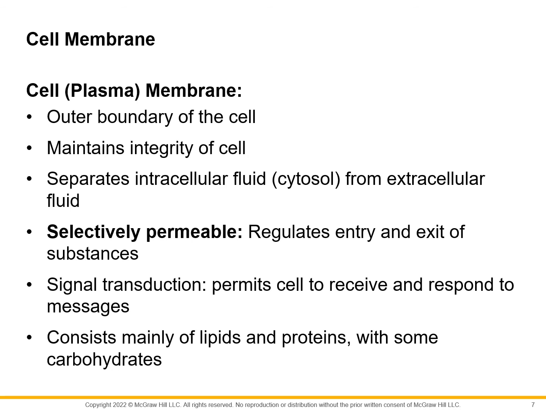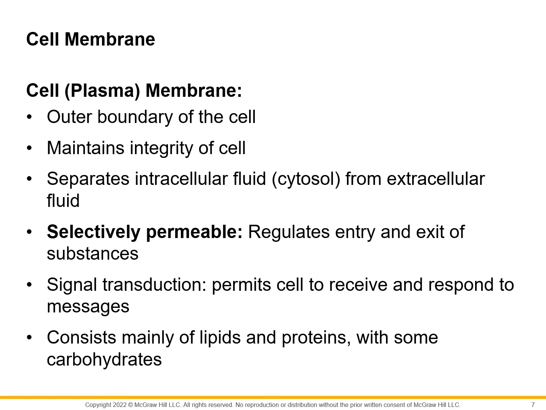Now, in a cell, whether it's a single-celled organism or just a cell inside our body, we have to have a membrane, something that can regulate a difference between what's on the outside and what's on the inside. And that's what this plasma or cell membrane does.